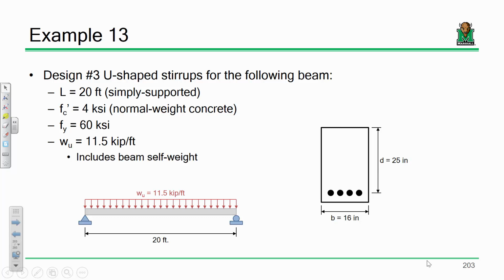Well, the reason why that's relevant here is because on our last problem, we only needed one equation to plot the shear diagram. Remember, we had like VU was something like 115 minus 11.5x. We only needed one equation. Well, that's not the case here. We need 2 equations, right? Because our shear diagram occurs in pieces.